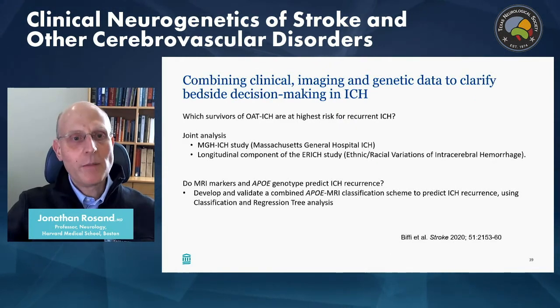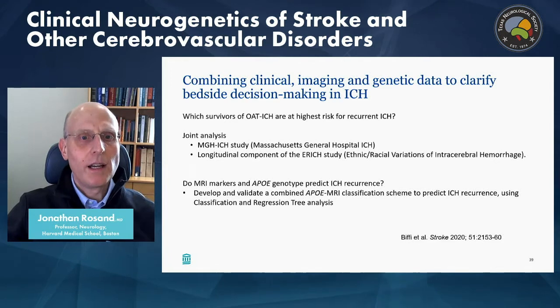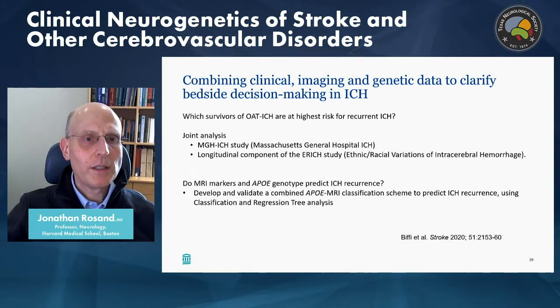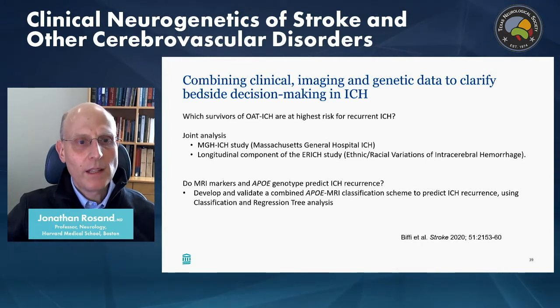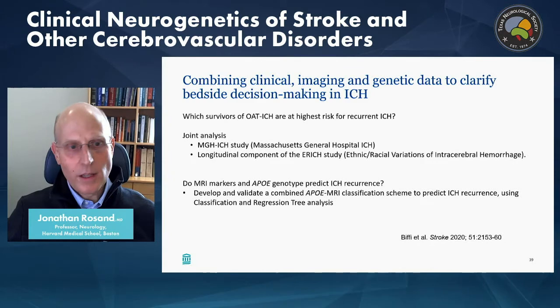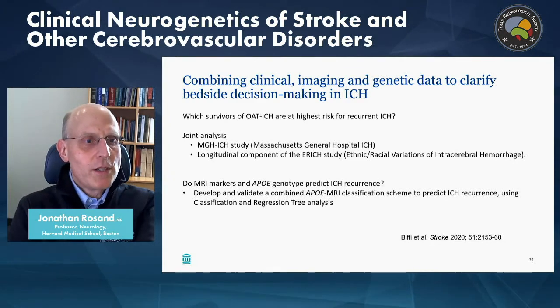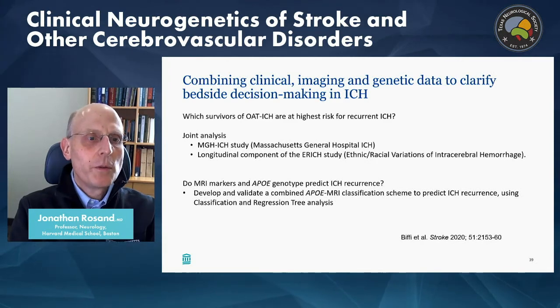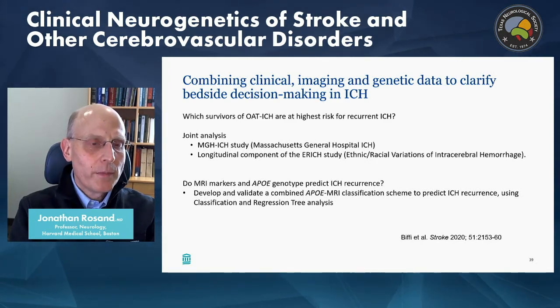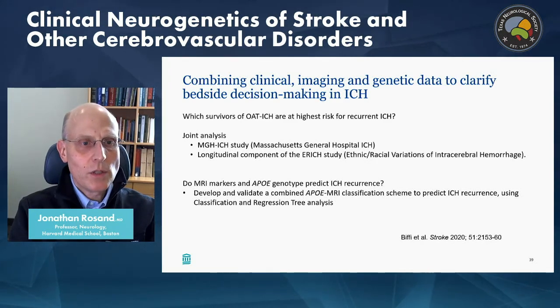So how can we combine all the clinical, imaging, and genetic data to make decisions for ICH survivors? This is a much more focused question that we were able to ask, in this case for survivors of oral anticoagulant-associated ICH.